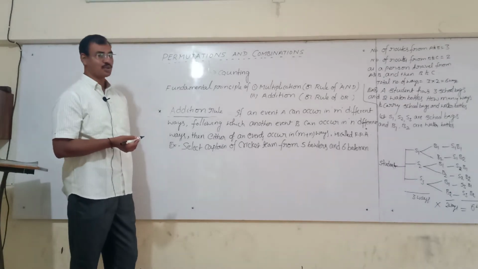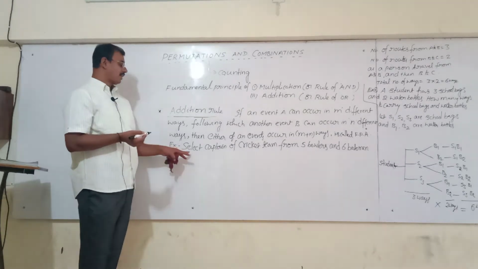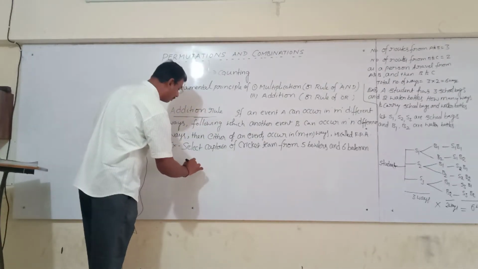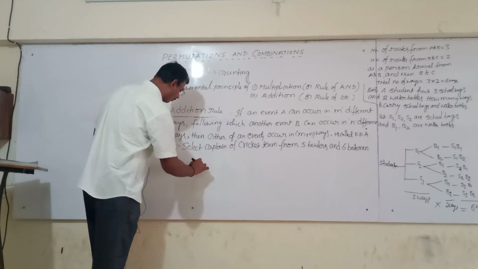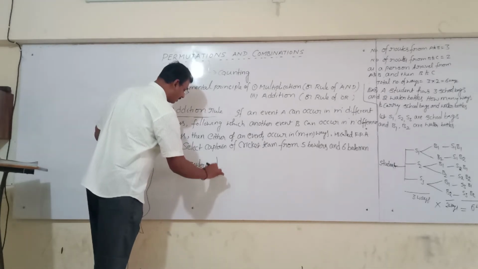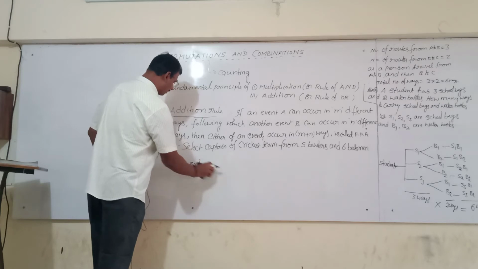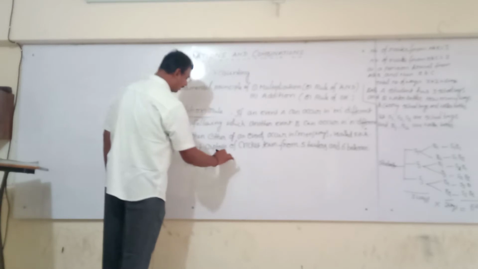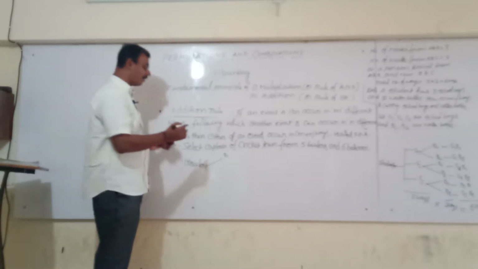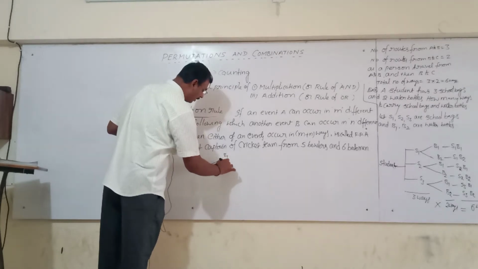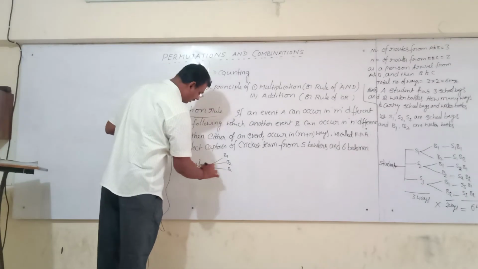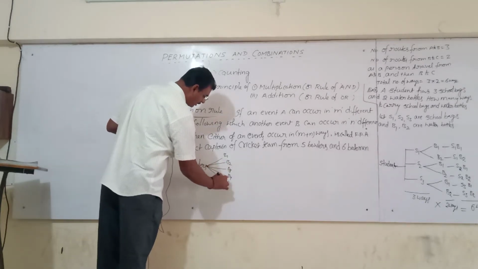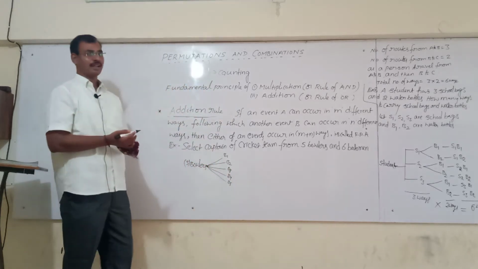So how many ways are we choosing? Here the bowlers are B1, B2, B3, B4 and B5. I select either B1, he may be captain, or I select B2, B3, B4 or B5. Any one of them I can select.